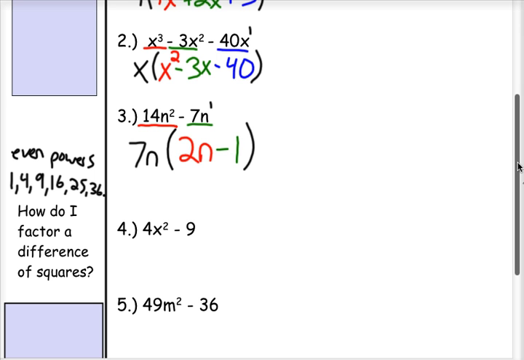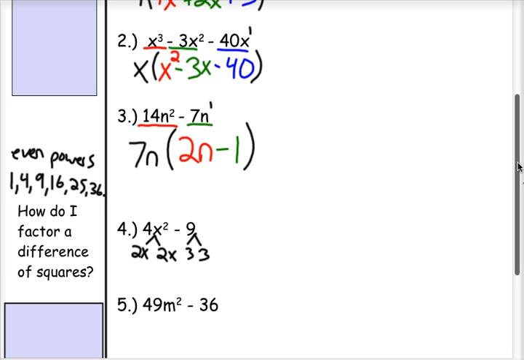So in number 4, notice we have two terms, they're being subtracted, and notice that 4x squared is a perfect square number and a variable with an even power. 4 breaks down into 2's, x squared breaks down into x's. 9 is 3 times 3.